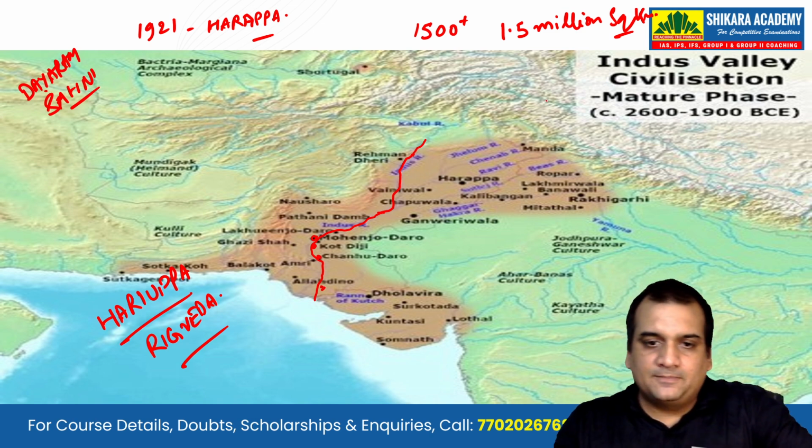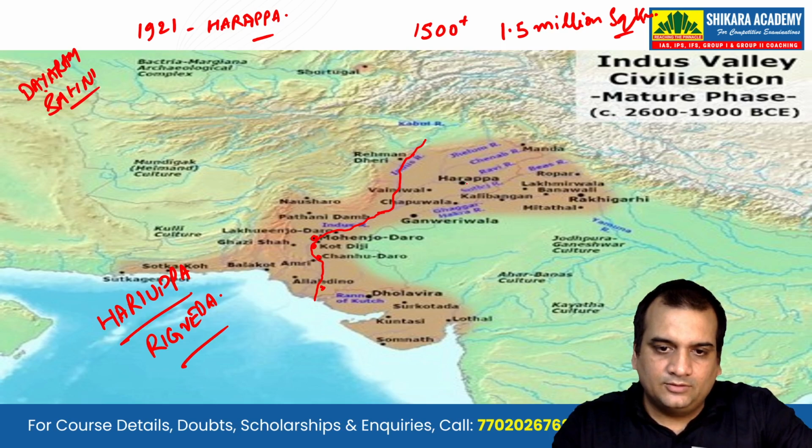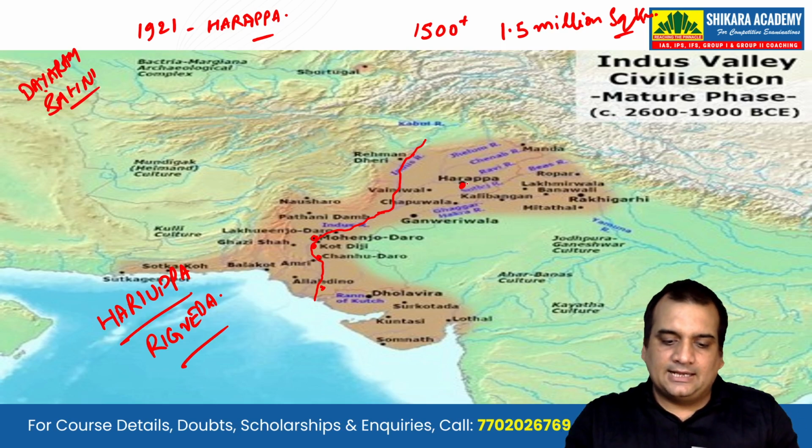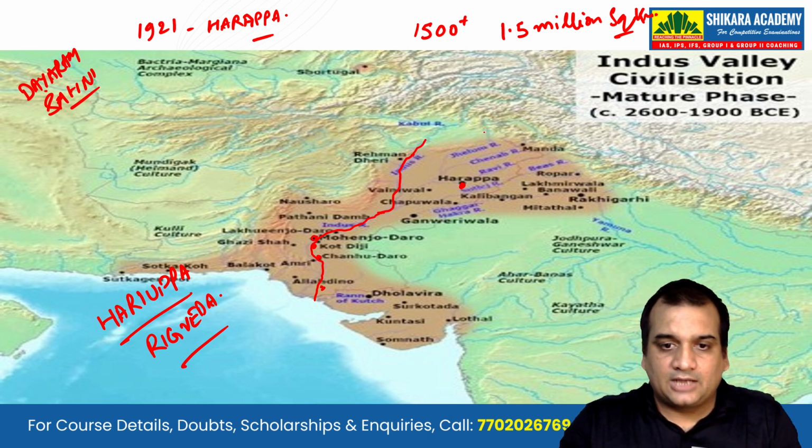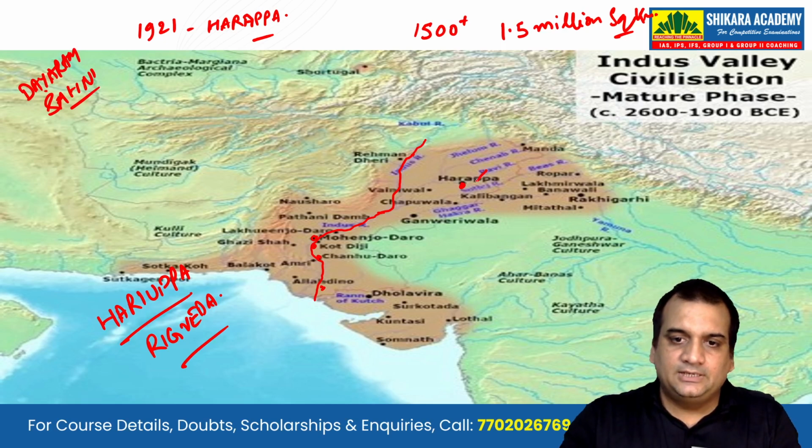And Harappa is here, beside the Ravi River, as is visible here.